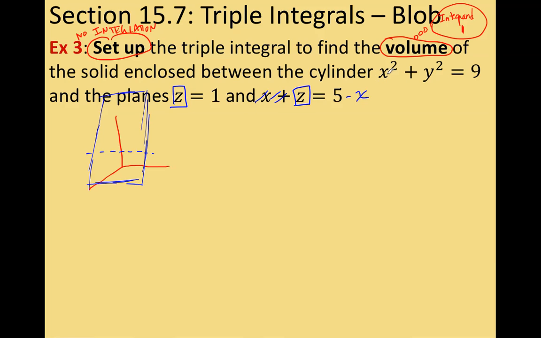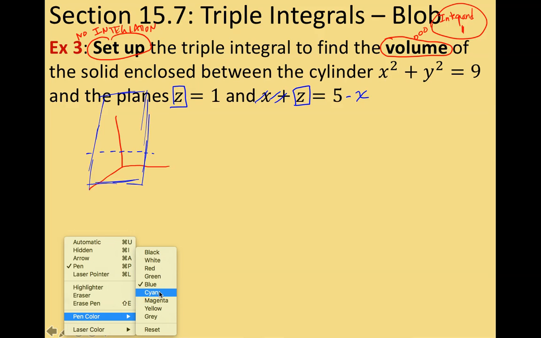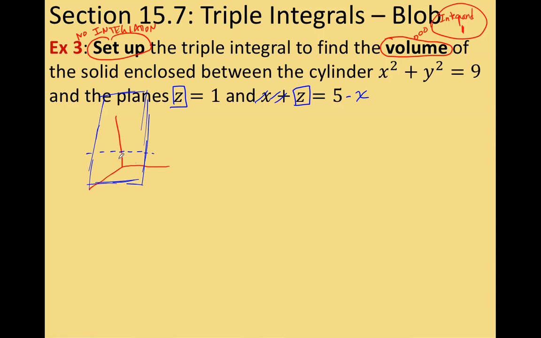Then I have a cylinder where Z is free. So this cylinder, I'm going to draw it up here, because I was supposed to stop at Z equals 1. Now, that's not a great picture by any stretch of the imagination.